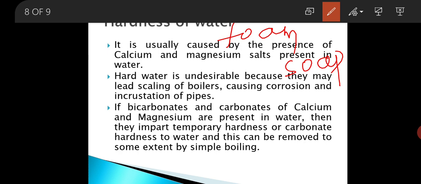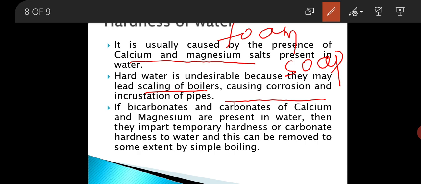So it is usually caused by the presence of calcium and magnesium salts in water. This hard water is generally undesirable because it may lead to scaling of boilers, causing corrosion and incrustation of pipes, and also it makes food tasteless.